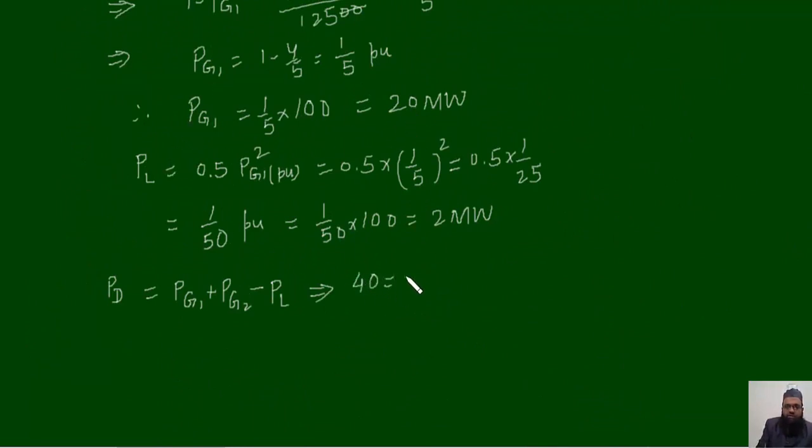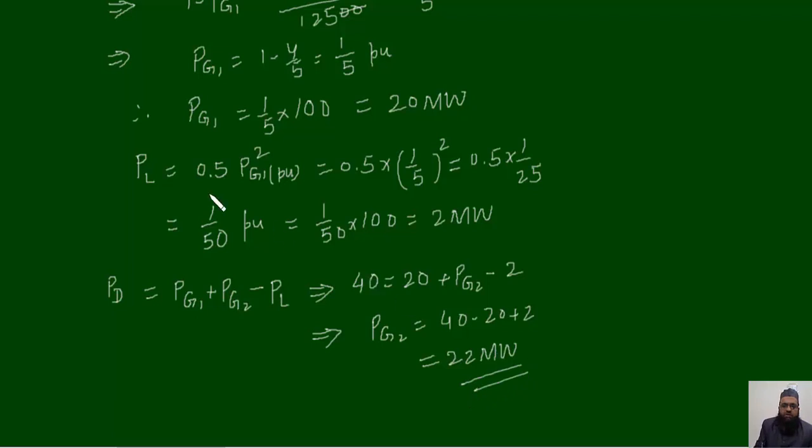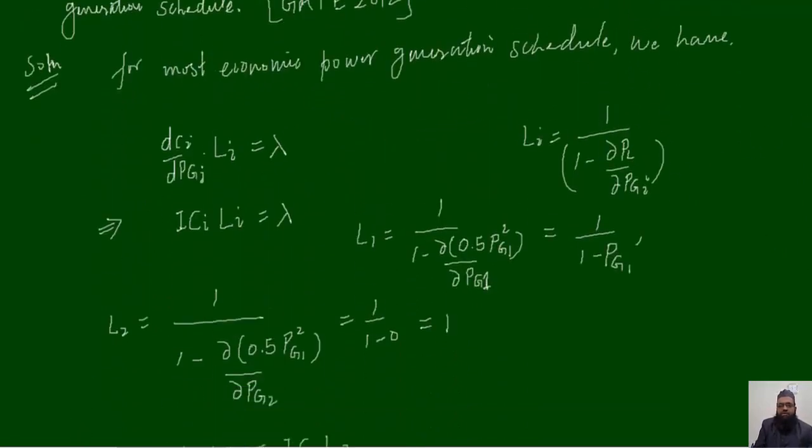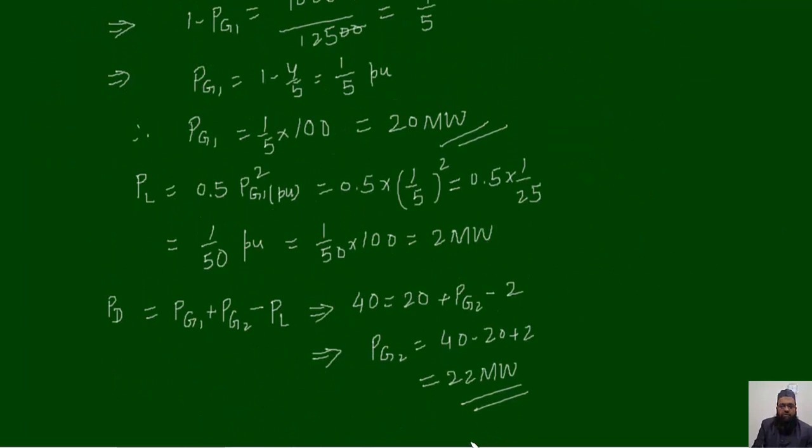So this implies 40 is equal to PG1, calculated as 20, all in megawatt, plus PG2 minus PL, calculated as 2 megawatt. So this implies PG2 is equal to 40 minus 20 plus 2, that is equal to 22 megawatt. So these are the values of PG1 and PG2 for most economic power generation schedule.